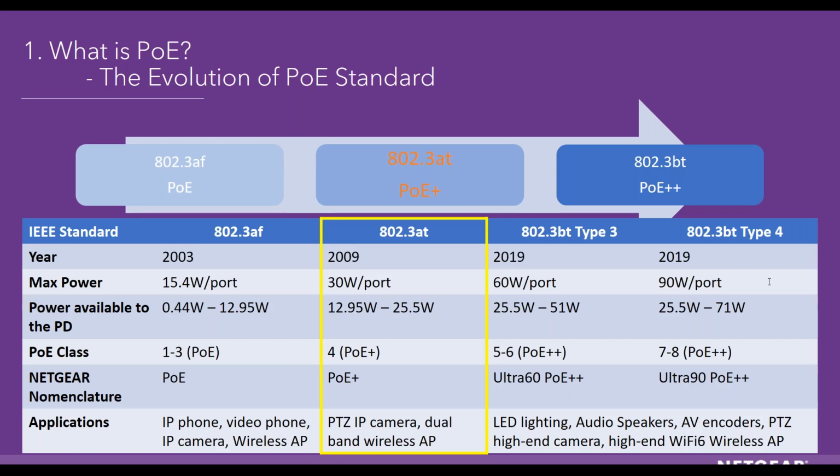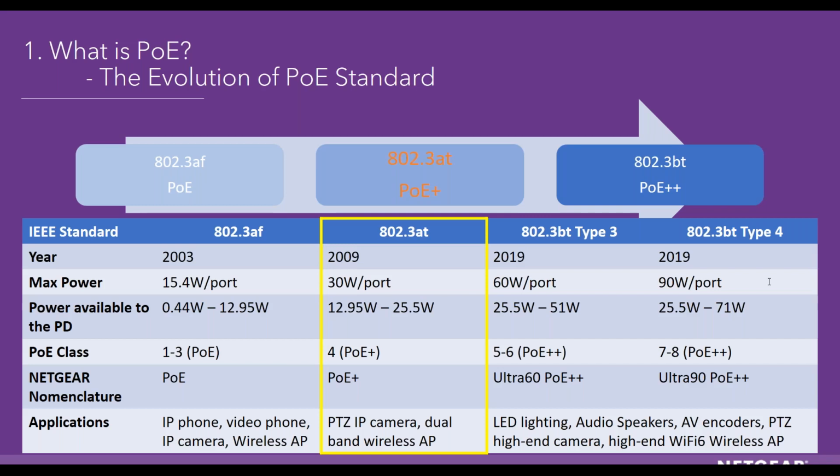Okay, and there is also passive PoE. What is the difference between passive PoE and PoE plus? The IEEE standards, PoE and PoE plus, are actually active PoE, and they have a safe voltage range and established communication procedures.